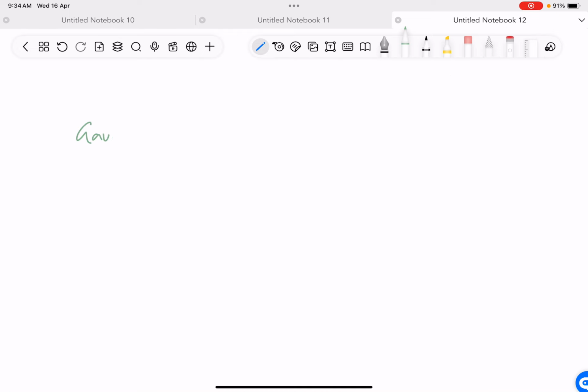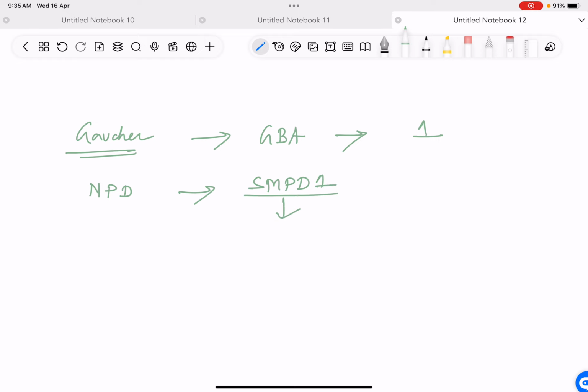So we know about Gaucher disease, right? You can remember that the gene that was defective was the GBA gene, that is present in chromosome number 1. For Niemann-Pick disease, which is type A and type B, we have the SMPD1 gene that codes for acid sphingomyelinase, and this is present in chromosome number 11.